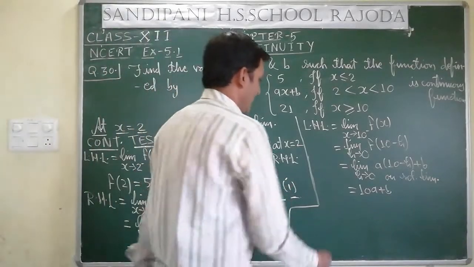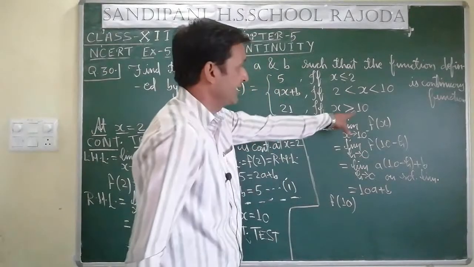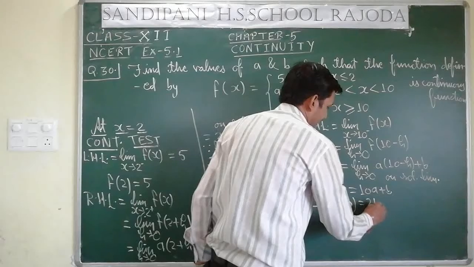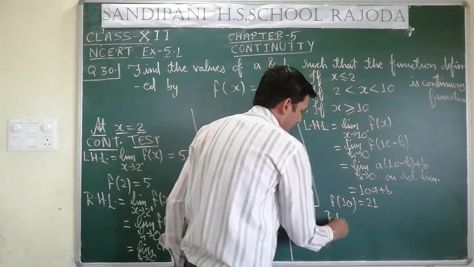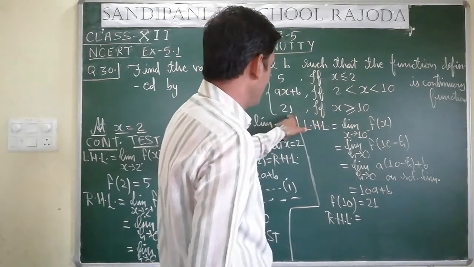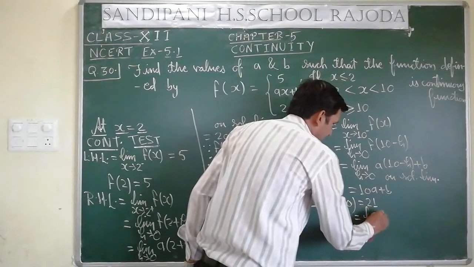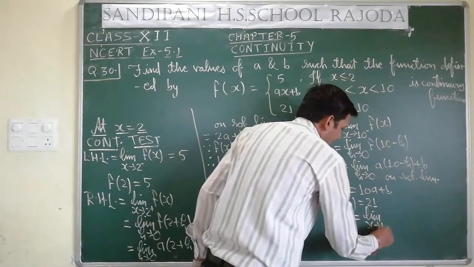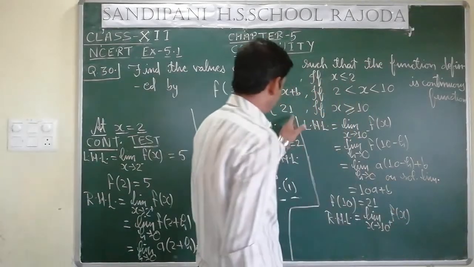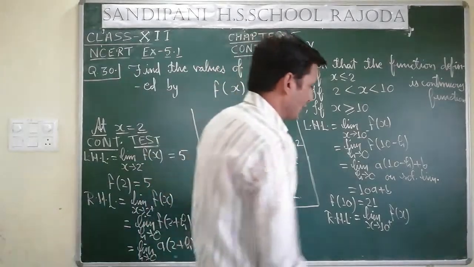Now f of 10, let us see what happened at 10. At x equal to 10 it is 21. And what about RHL? For RHL, means greater than 10, it is again 21. Means limit x tends to 10 plus f of x. There is no x for greater than 10, means we may write directly equal to 21.